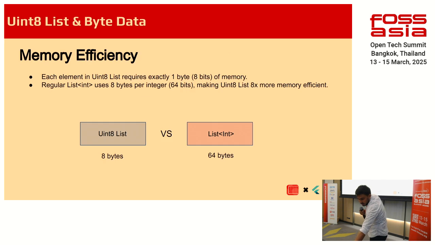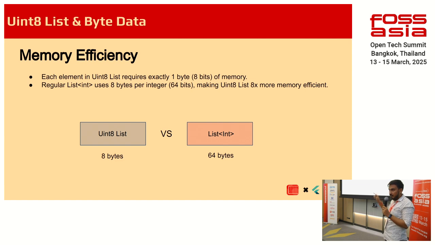The next good thing about Uint8List is the comparison between Uint8List and a list of ints. If we put the same data in a Uint8List and in a list of int, the Uint8List takes 8 bytes and the list of ints takes 64 bytes. We need a list of ints for Badge Magic to convert into a bitmap, because Flutter does not support bitmap.